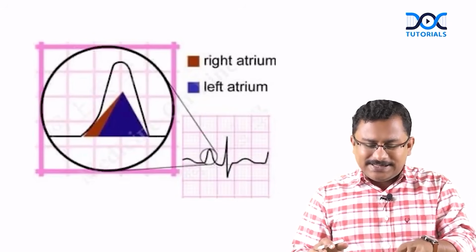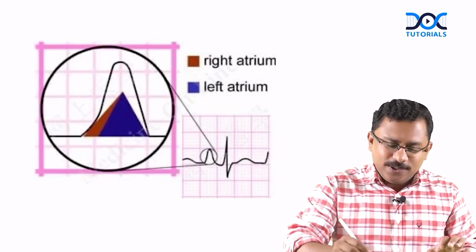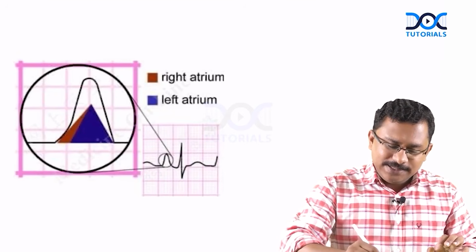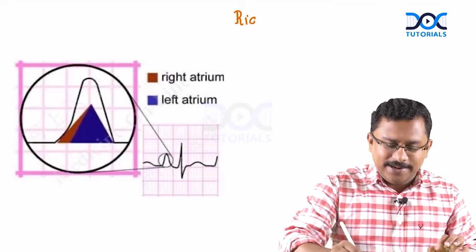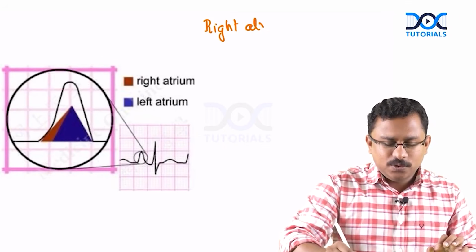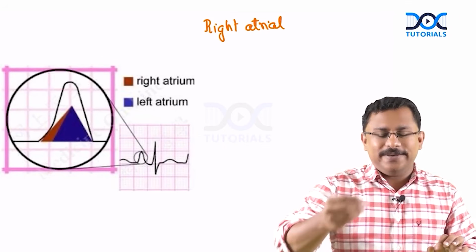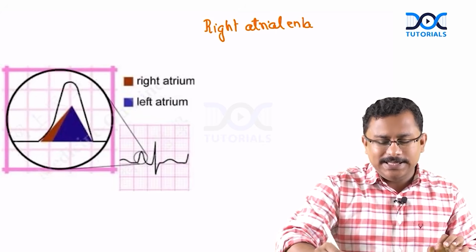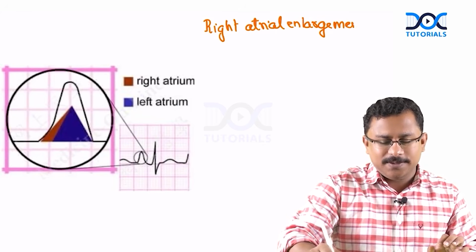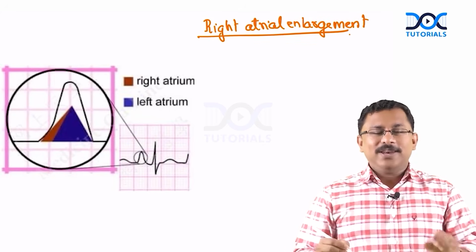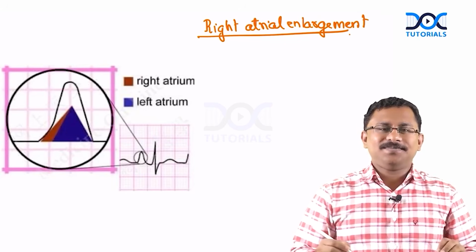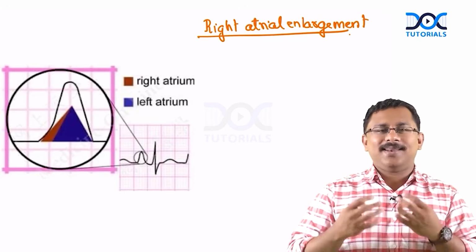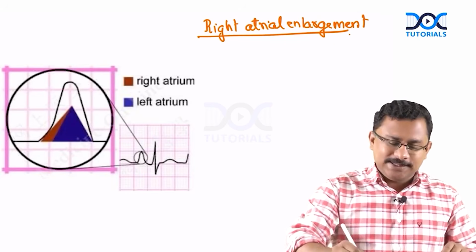Now moving to the next scenario. Next scenario is where you have say a right atrial enlargement. So we saw P mitral with respect to left atrial enlargement. Now is the right atrial enlargement. So when you have a right atrial enlargement, in that case also the right atrium would take more time to depolarize.